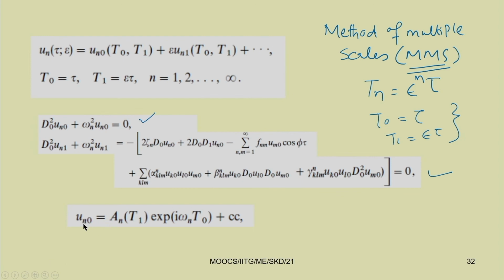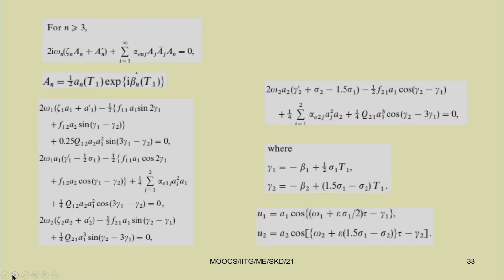Now after getting u_n equal to a_n e to the power i omega_n T0 plus cc, you can substitute it in this equation and eliminate the secular term to get the response.